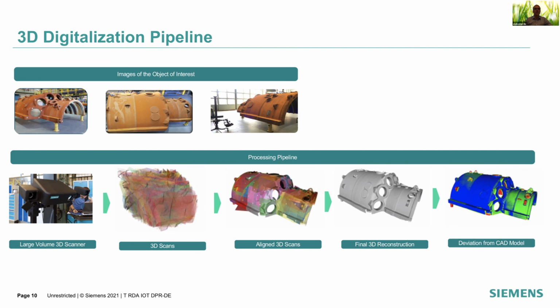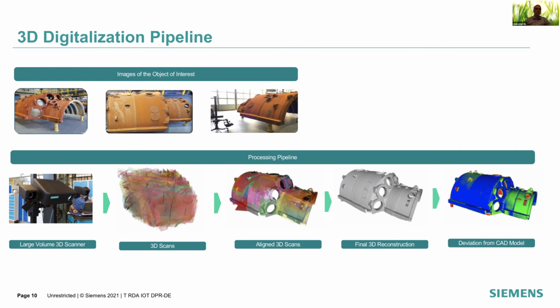So the pipeline goes as follows. In the first line, you can see some example images of these large components. In the second line, you can see our proprietary scanner, which we built. It's a phase shift scanner. Compared to commercial scanners like FARO or Surfacer, it's much cheaper, and also much faster.